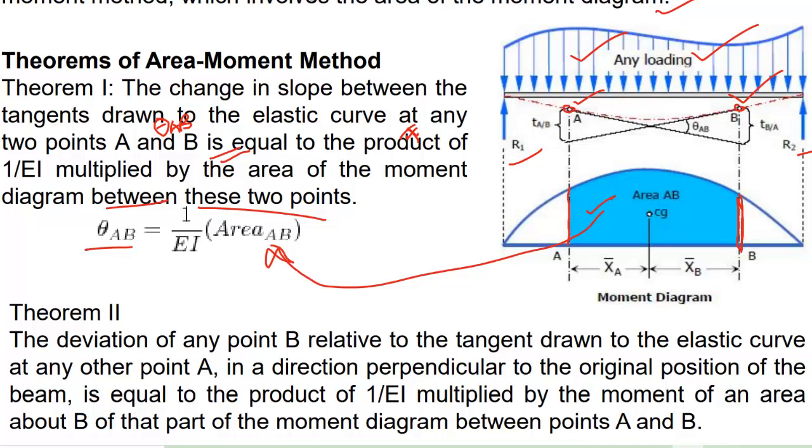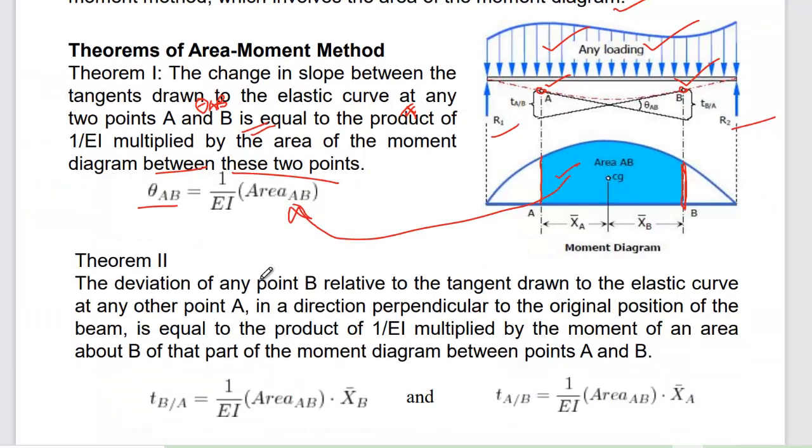Now come to the second theorem. The second theorem is used for finding a vertical distance from the tangent to the point. Suppose you consider point A, and you consider another point B, and you draw two tangents from A and B. Now have a look.